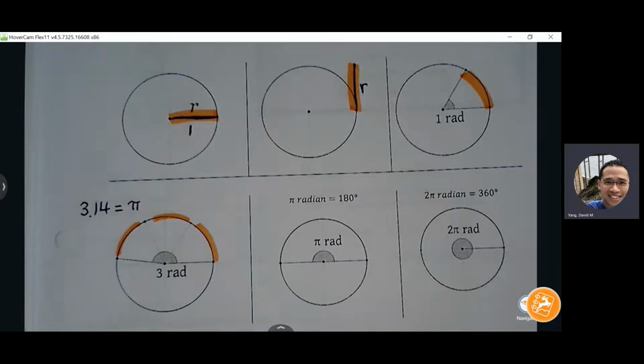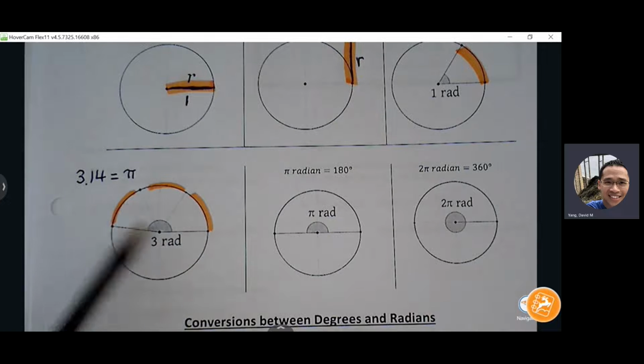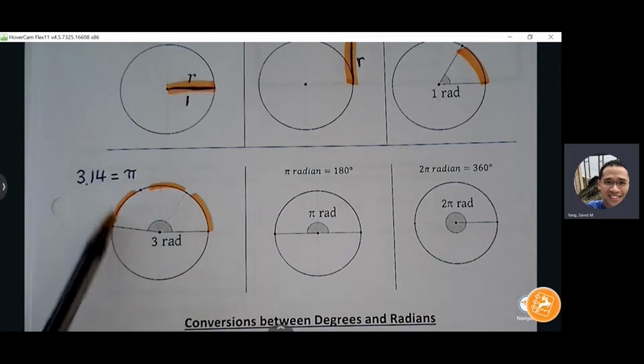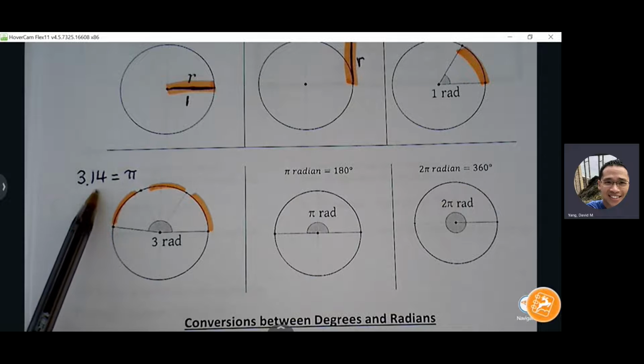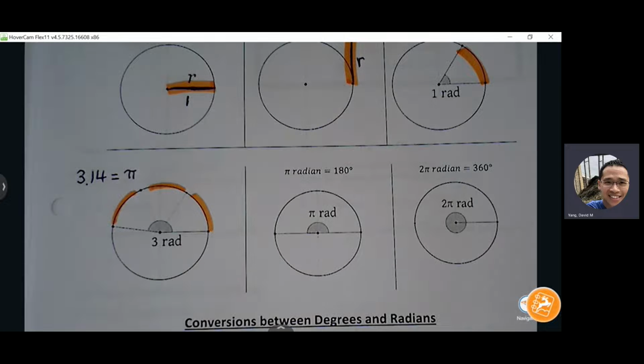Pi. So pi is equivalent to 180 degrees, because if I put 3 radians along the path of the circle, it's always going to be a little less than 3, but we know that 3.14 is exactly half a circle.